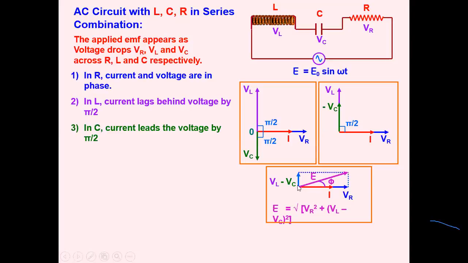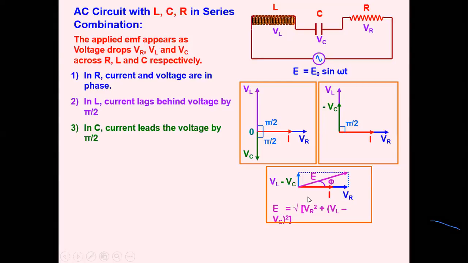The EMF supplied by the AC source differs by a phase of phi with respect to current I. If you apply the resultant vector concept, these two vectors make an angle of 90 degrees, so the resultant is the square root of VR squared plus (VL minus VC) whole squared.